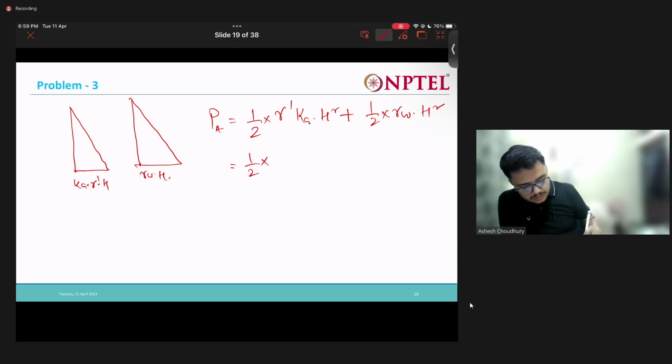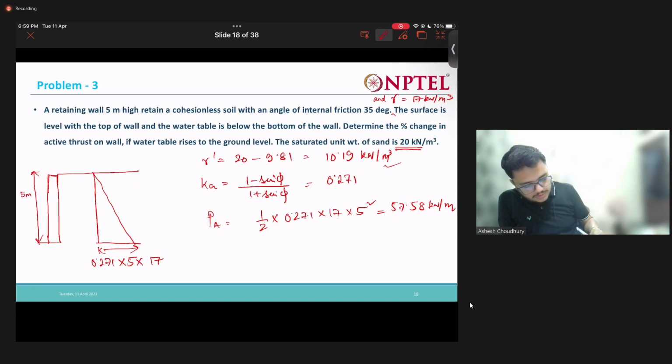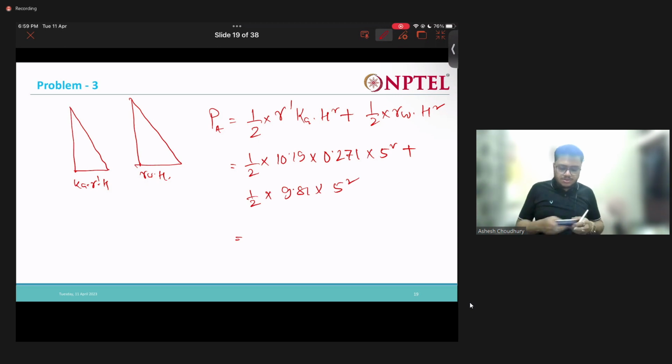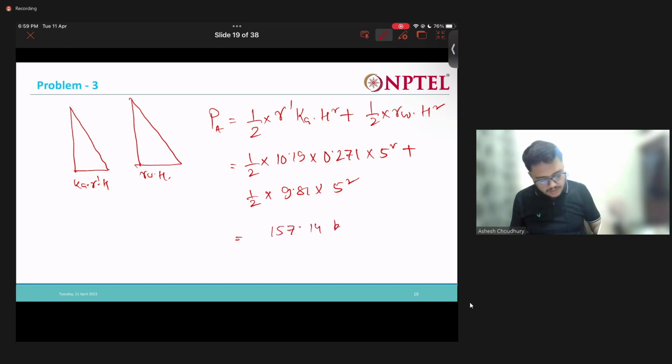So half into gamma submerged, which is 10.19, so 10.19 into 0.271 into 5 square plus 9.81 into 5 square. So this will be half into 10.19 into 0.271 into 25 plus half into 9.81 into 25, which gives 157.14.